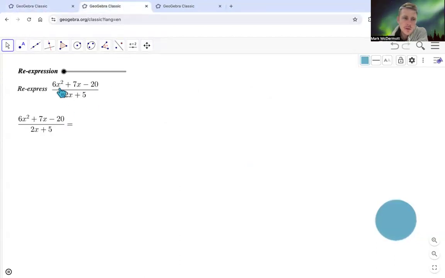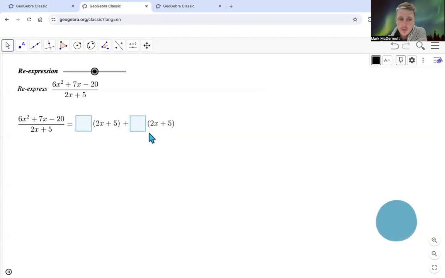So imagine we had a polynomial like this. We have 6x squared plus 7x minus 20, and we need to divide it all by 2x plus 5. So in this example, the numerator is the dividend, which is this quadratic. The divisor is 2x plus 5. And what we want to do is re-express it. So the way you're going to have to do this with pen and paper is you're going to write out the denominator in 2 spots, and then you're going to put boxes in front of those spots.